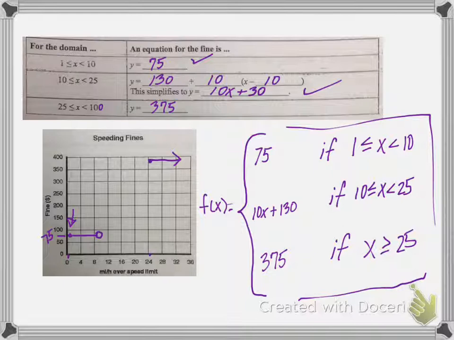Now I'm going to go up to 130, and I'm going to put a closed dot at 10, because I know I have to pay, if I'm caught speeding 10 miles over the speed limit, this amount right here. And if you're having difficulty on the graph paper, just make the dot bigger. Nobody will know.